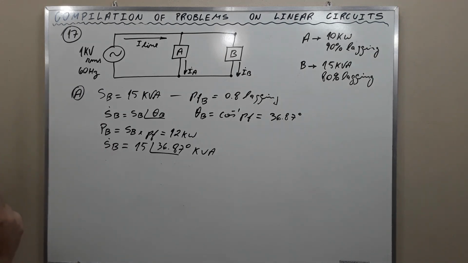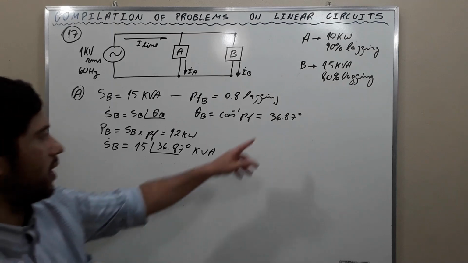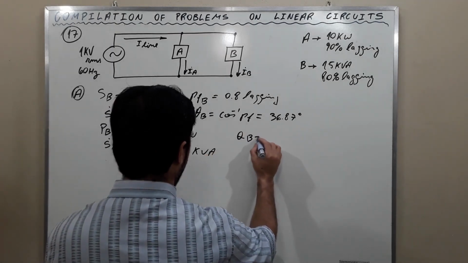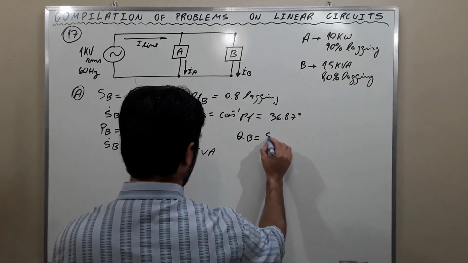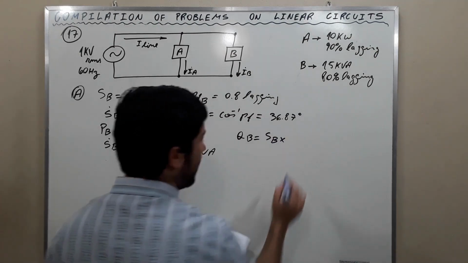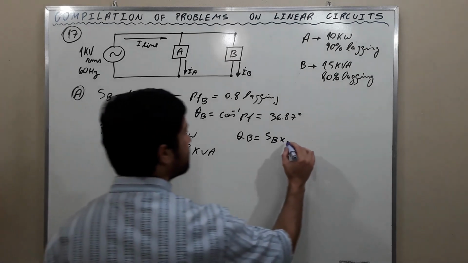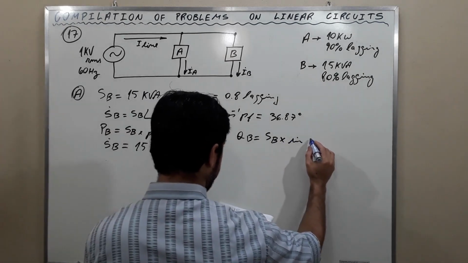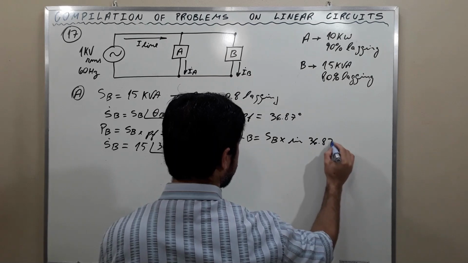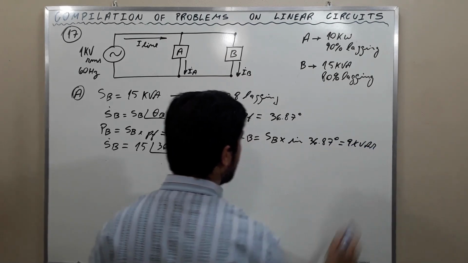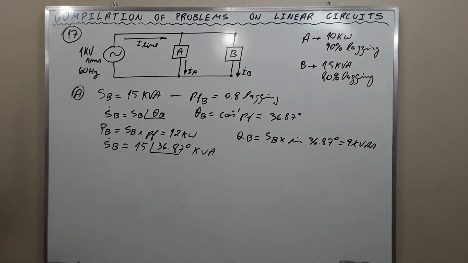And using this angle again, we find that Q is equal to the apparent power times the sine of the angle.